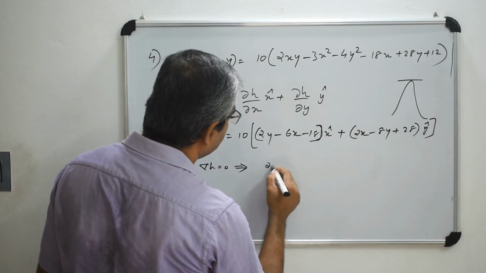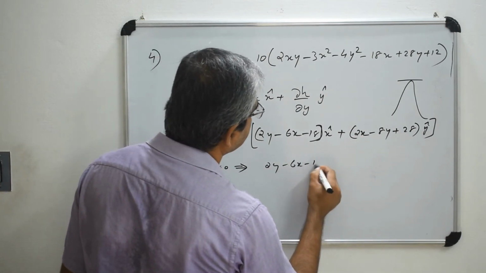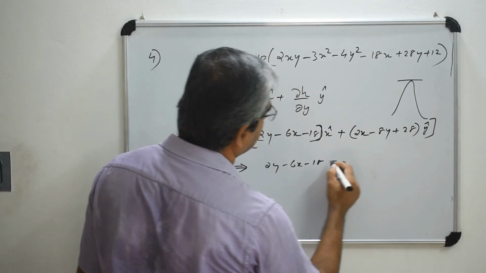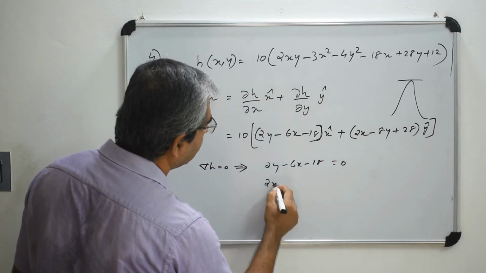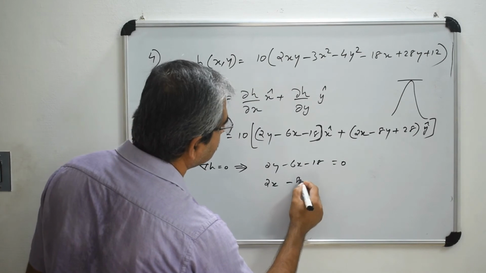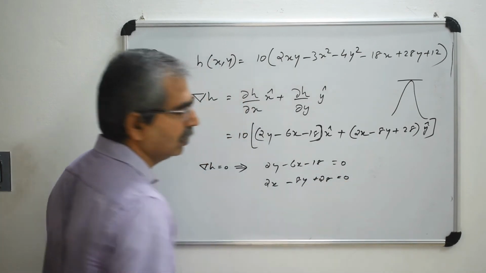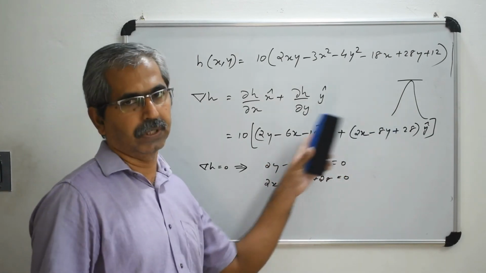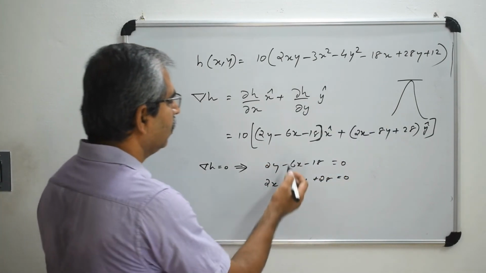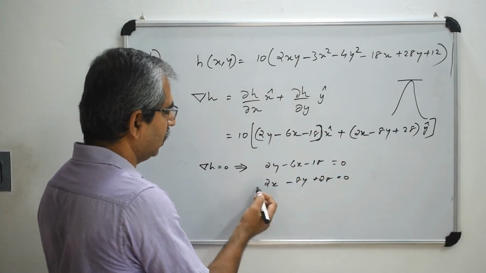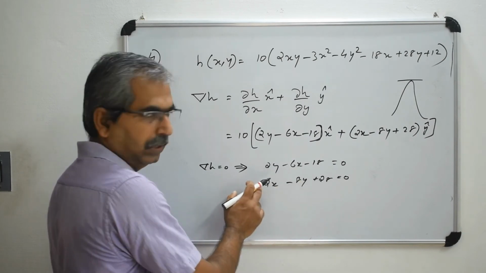So you can write 2y minus 6x minus 18 should be equal to 0 and 2x minus 8y plus 28 should be equal to 0, because these are the two separate components. Okay. Now you can simplify this one. See, there is 2x. You can multiply the second term with 3.